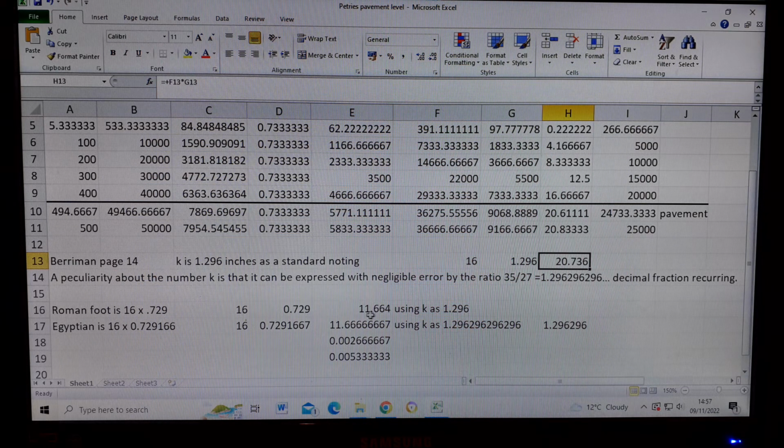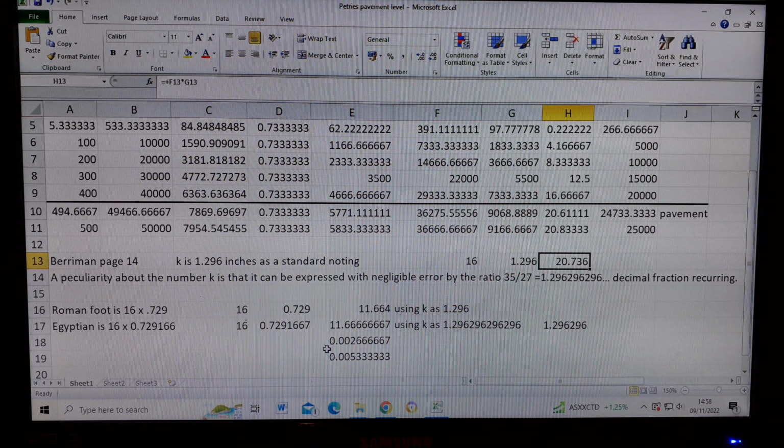It gives 11.664, and this is what I was talking about in the previous video, using cubic units as straight line measure. That's a cubic unit, 9/10 times 9/10 times 9/10. And then we take it up to Egyptian. The Egyptian foot is 16 times 0.729166, and that's 11.666 using K as that number we've discussed.